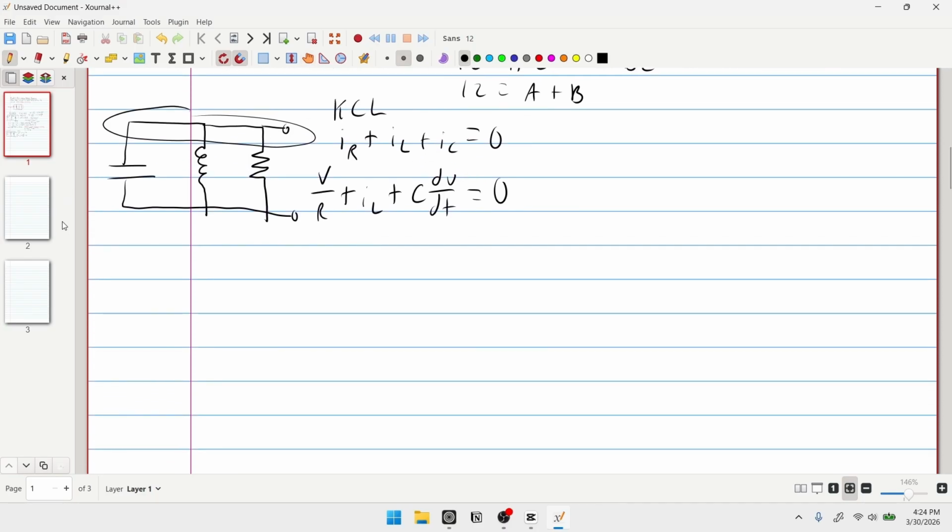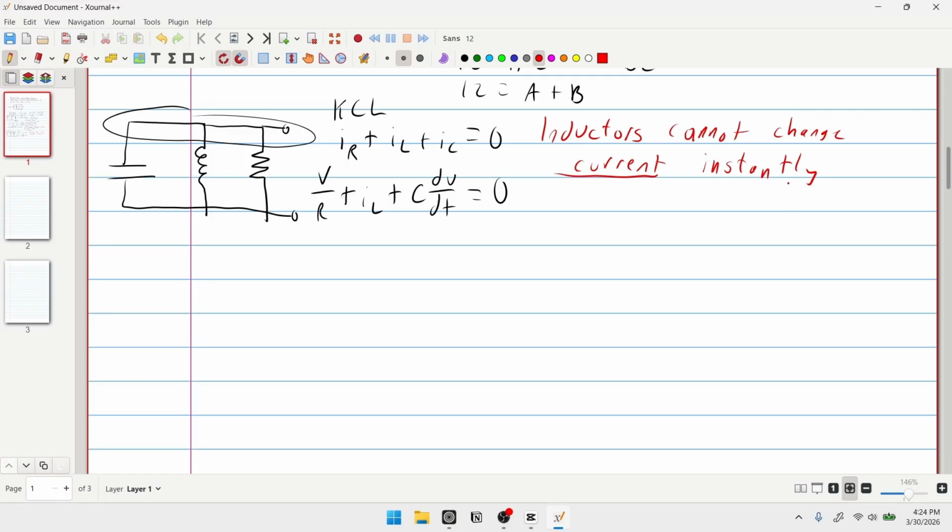And similar to the capacitor, we know that inductors cannot change current instantly, as opposed to capacitors, which can't change their voltage instantly, right?